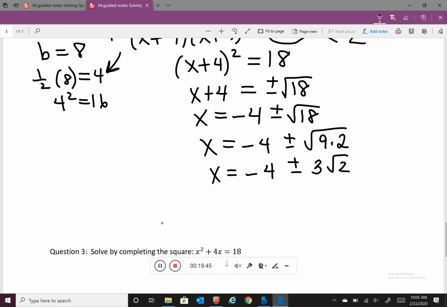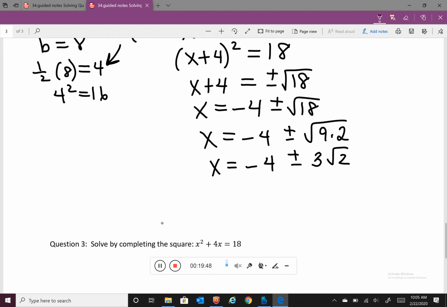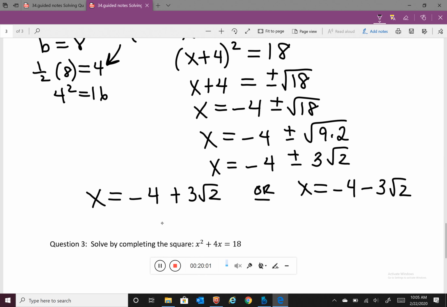And we do have two solutions here. I'm just going to separate them. X is equal to negative 4 plus 3 square roots of 2, or x is equal to negative 4 minus 3 square roots of 2.